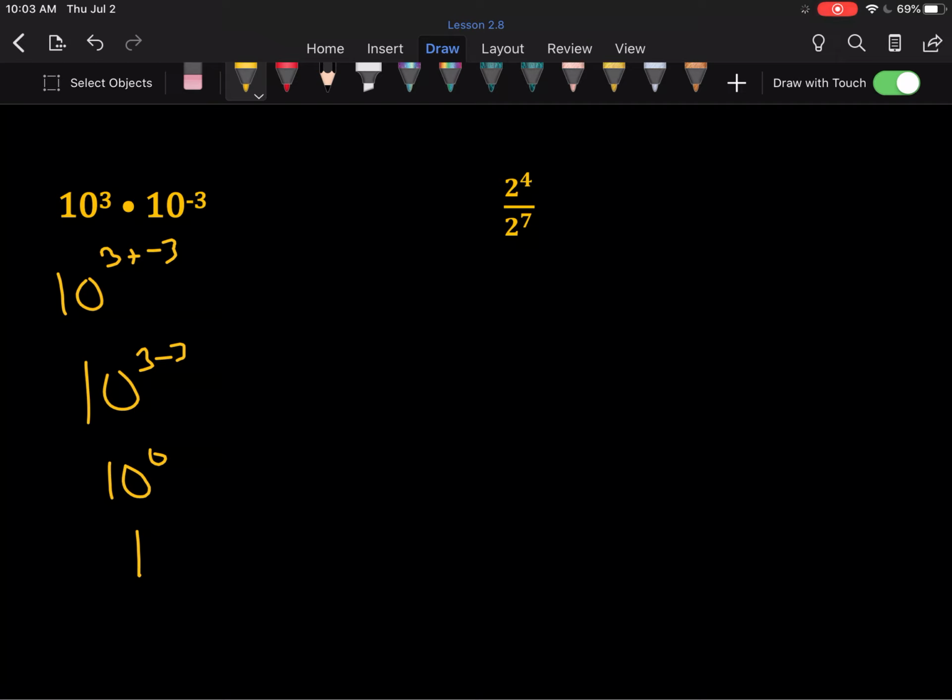Now, the division rule said I can rewrite this as 2 to the 4 minus 7, which makes it 2 to the -3, which we did before. That means it's 1/2 to the +3, and that's 1/8. We can shortcut this a little bit.